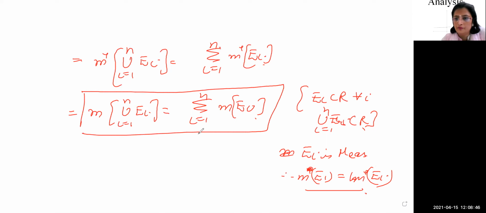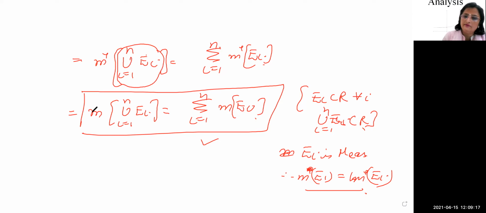In order to prove this, the theorem starts from showing that this set is measurable. First we proved that this set is measurable. After proving measurability, we wrote that the Lebesgue measure of this set is equal to the outer measure. Now all the Ei are disjoint measurable sets, so we used the previous theorem on A intersection the union of Ei, i running from 1 to n.